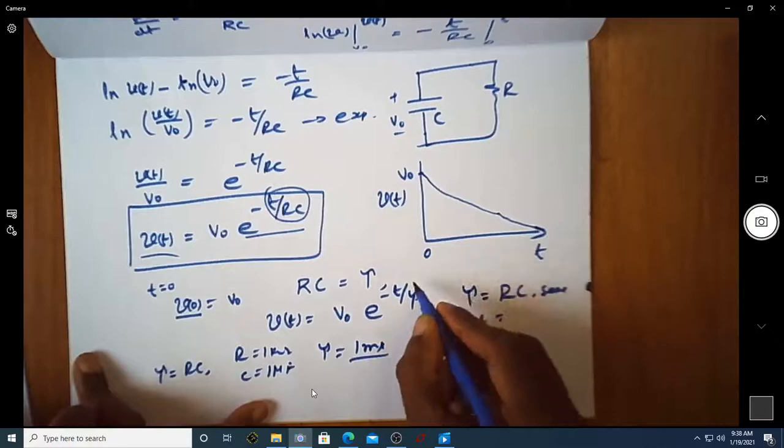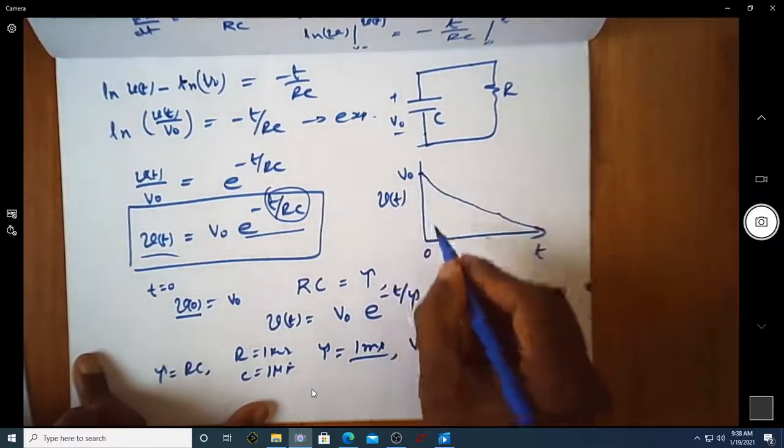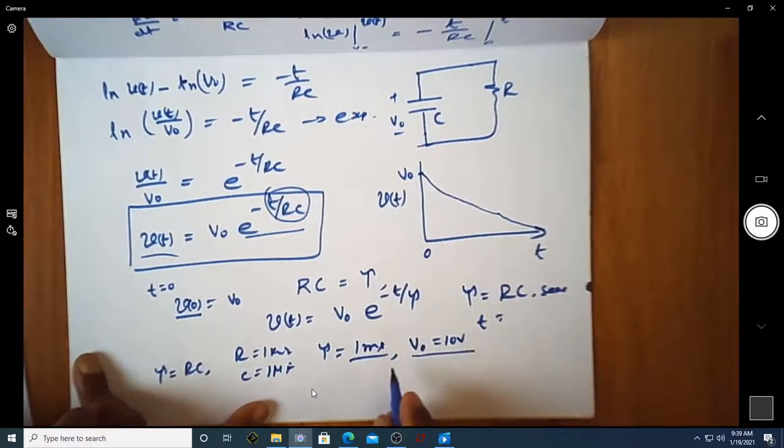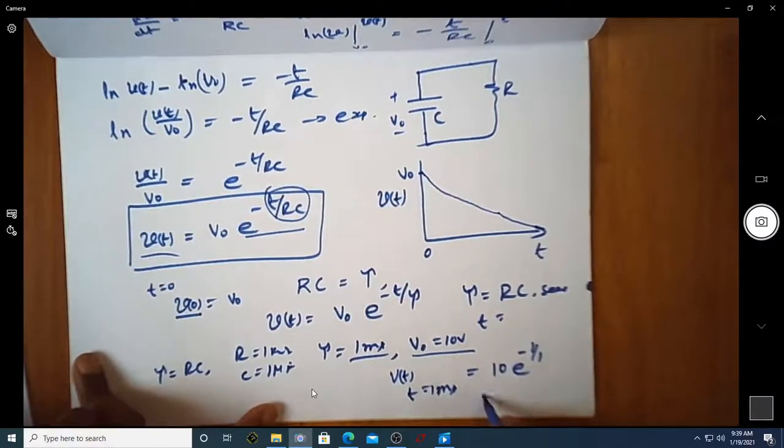If you assume the capacitor's initial voltage is 10 volt and you want to see V of t at t equal to 1 millisecond, it is 10 into e power minus 1 by 1. This is 10 into 0.368, so it will be 3.68 volt.